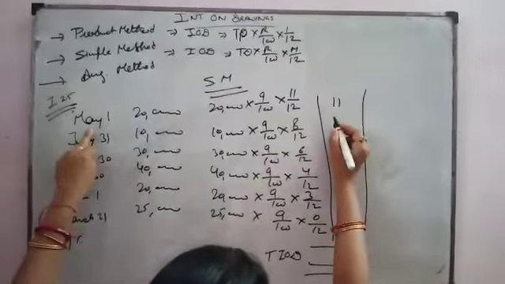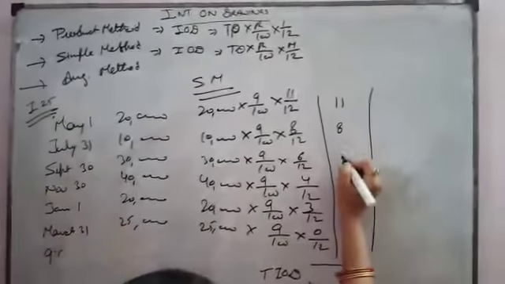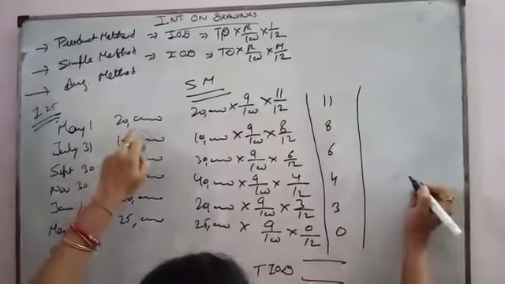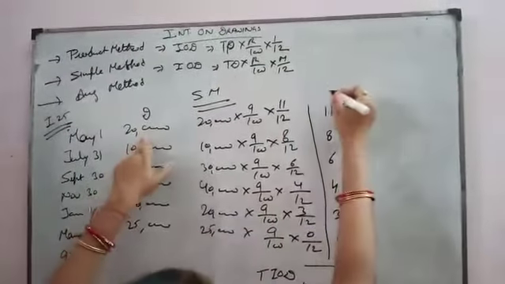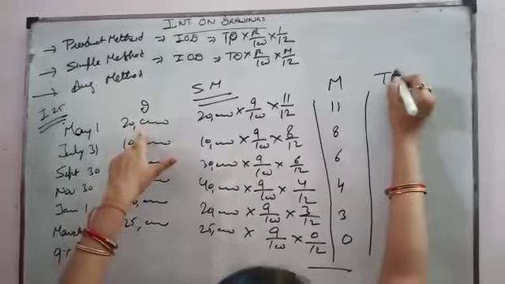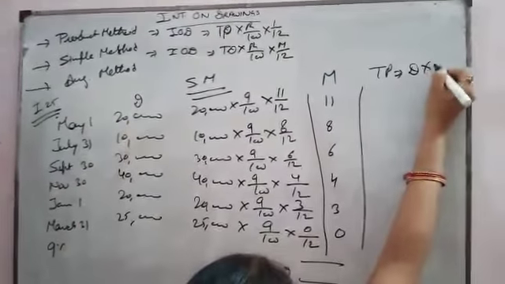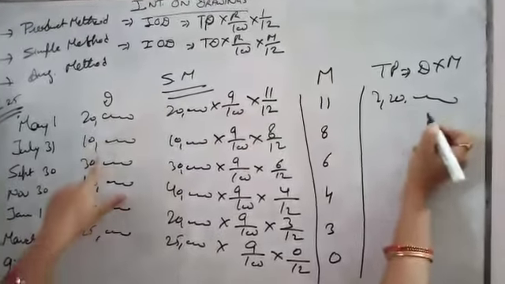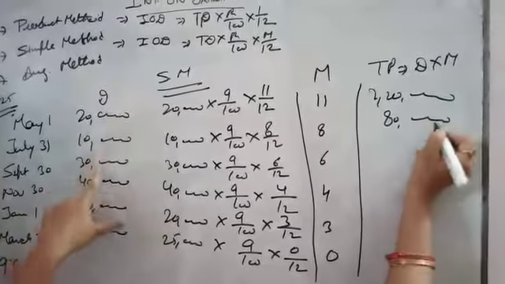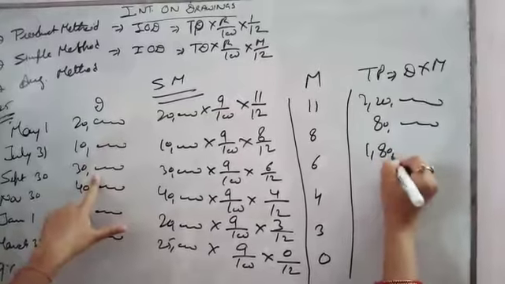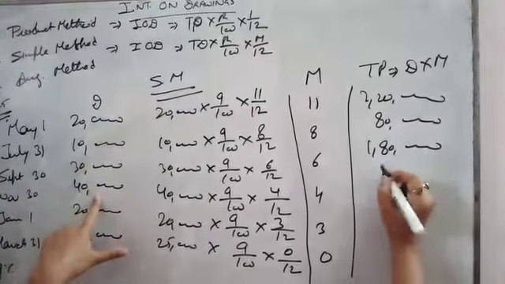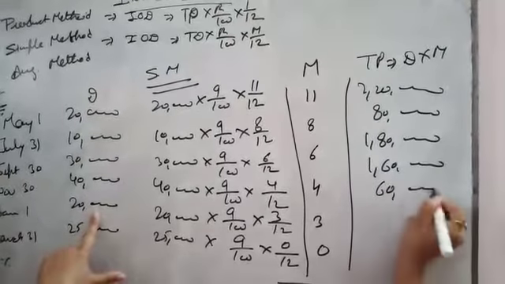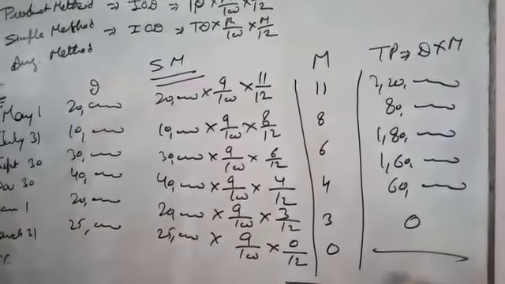Now according to the total product method, right, we will calculate months. Here from 1st May to 31st March, 11 months, here 8 months, here 6 months, here 4 months, 3 months and 0 months, right? Then the drawings multiplied by months is equal to the total product. 20 into 11, 2,20,000. 10 into 8, 80,000. 30 into 6, 1,80,000. 40 into 4, 1,60,000. 20 into 3, 60,000, and 25 into 0, 0.